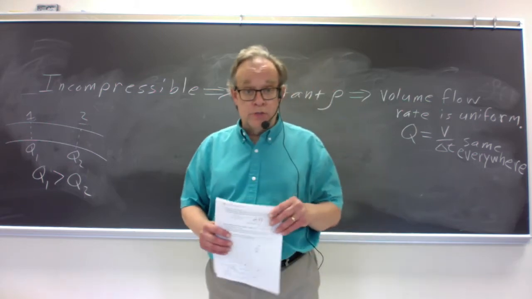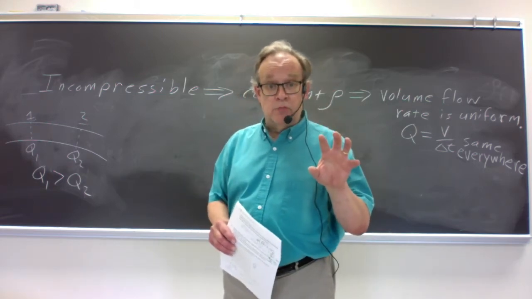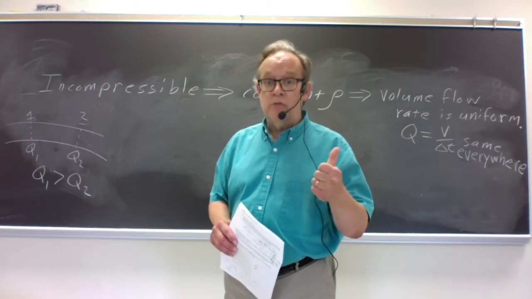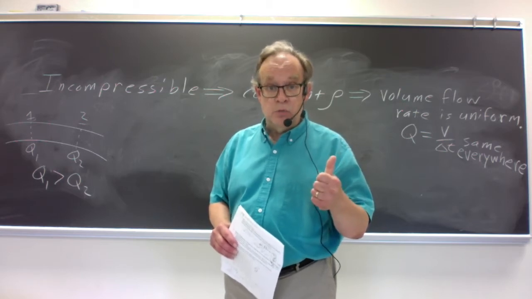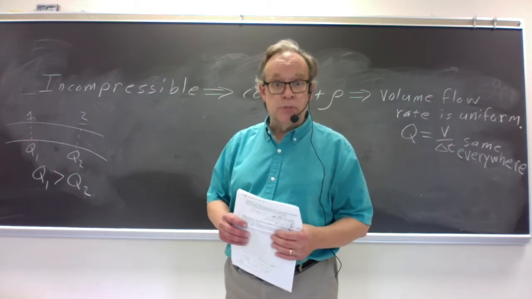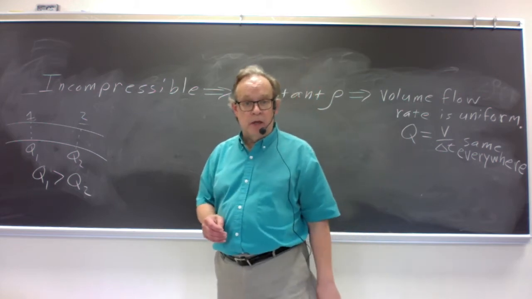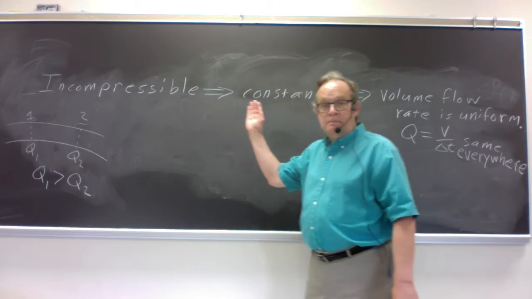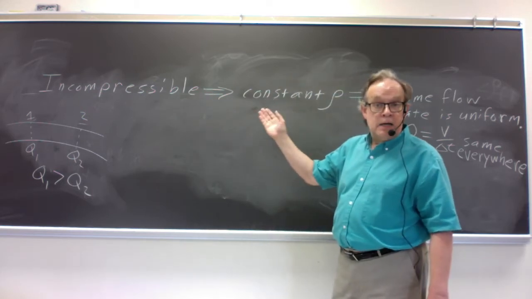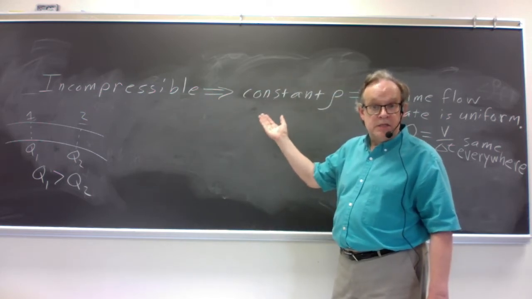In other words, any mass of incompressible fluid has just one volume that it fits into. You can't squeeze it into a smaller volume. Any one particular mass has the same volume all the time. That means constant, uniform density.